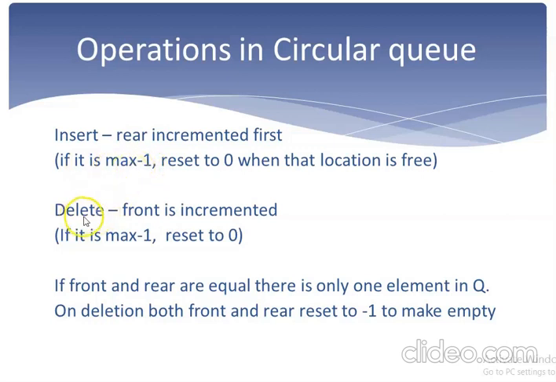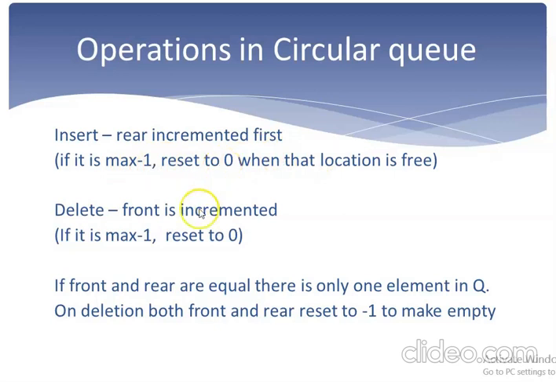In the delete case also, front is incremented as we have done with the linear queue. But if it reaches max minus 1, the end of the list, we have to reset it to 0, because in insertion we have inserted values after max minus 1 by resetting it to 0.